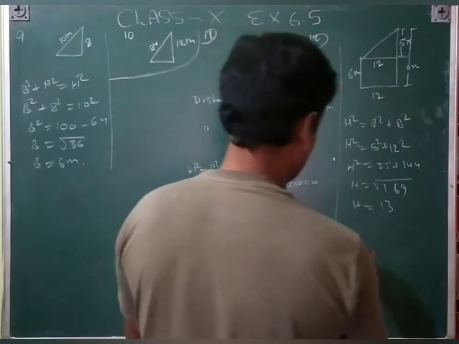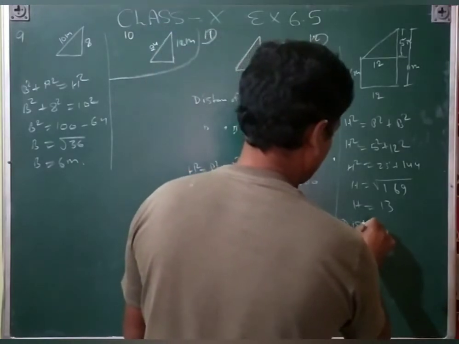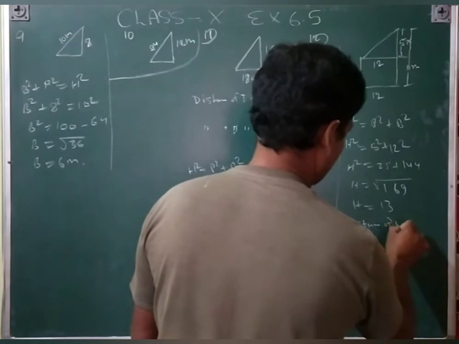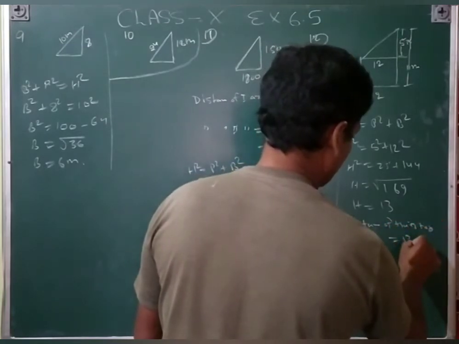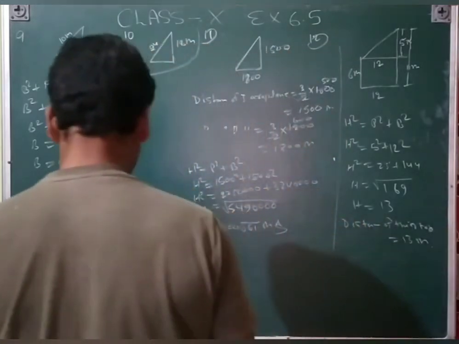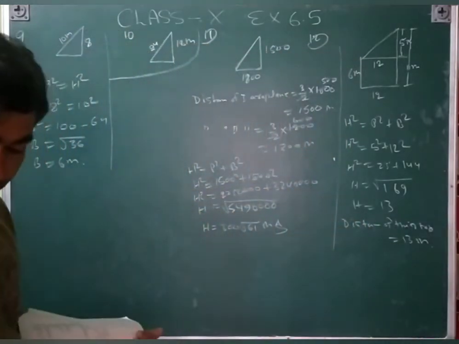So the distance of the pole top is equal to 13 meters or centimeters, whatever is given there.